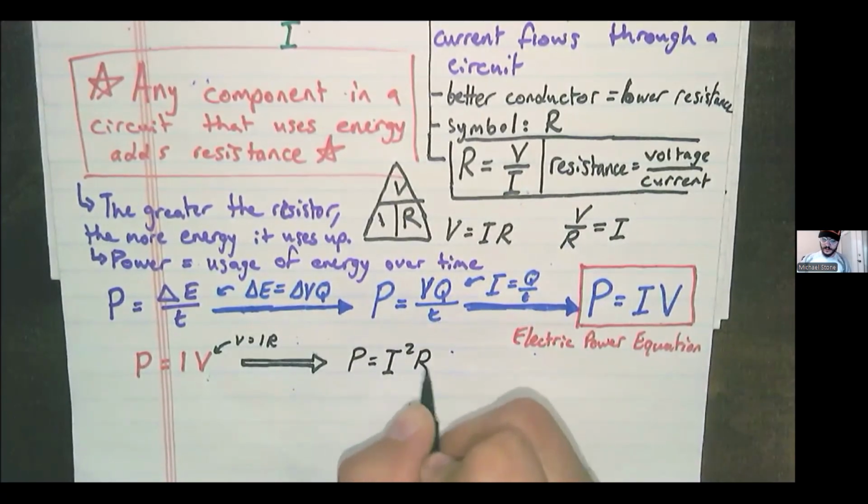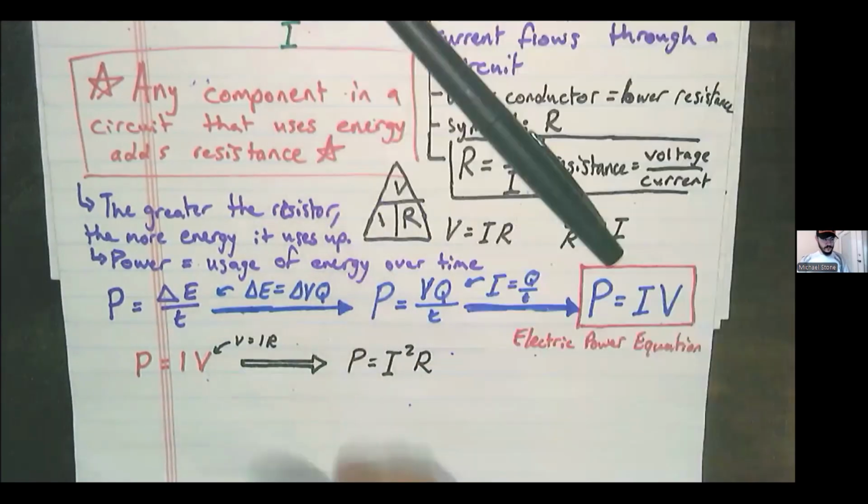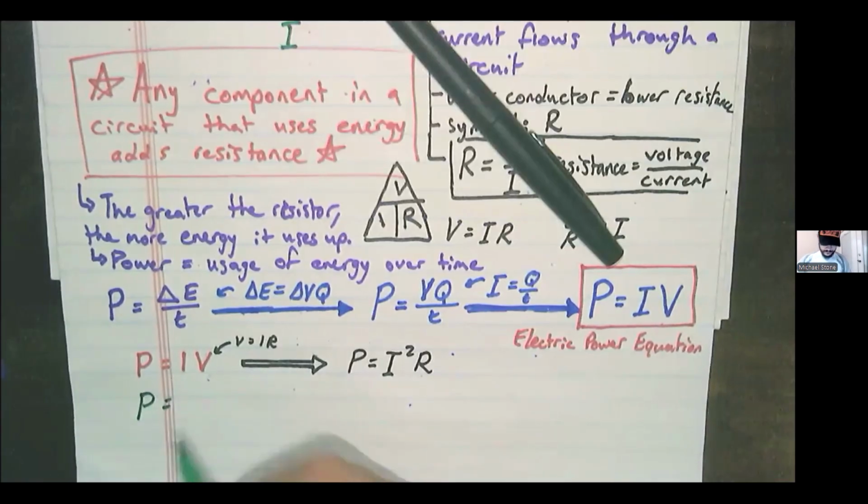I squared times R. A useful expression. We come back to P = IV.